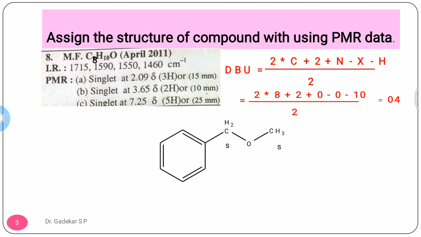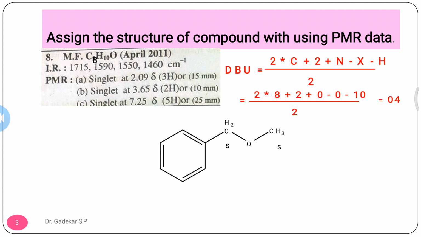Here, a singlet at 2.09 for 3 protons, again a singlet for 3 protons, meaning no neighboring protons are present. Second, B, a singlet at 3.65 delta for 2 protons, a 2-proton singlet, meaning no neighboring protons.